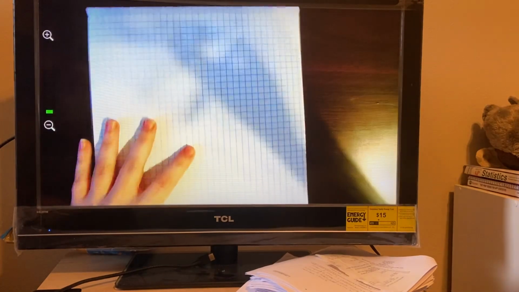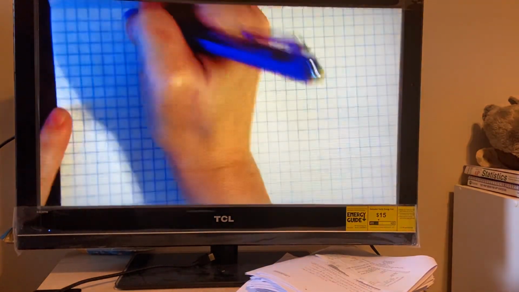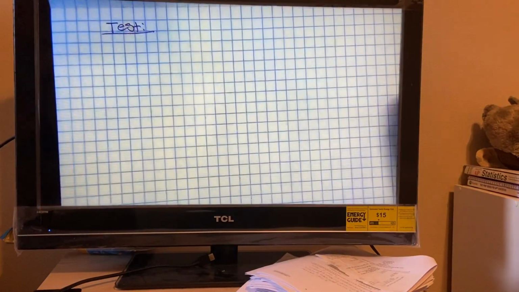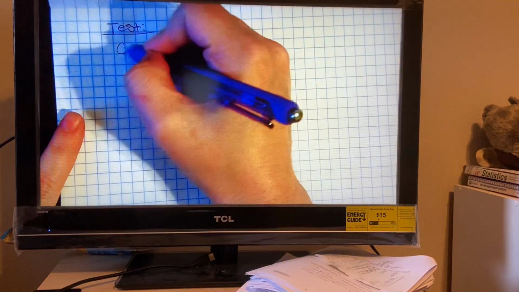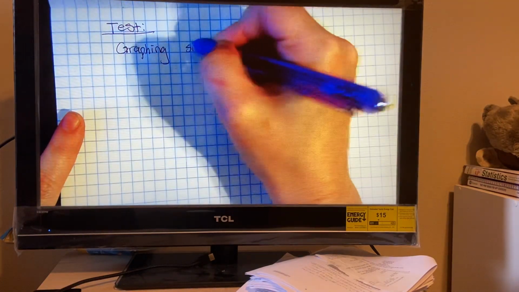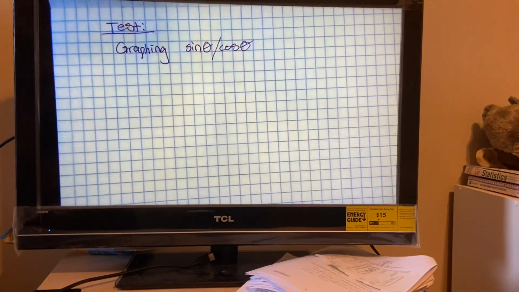So the first thing that we got to do is figure out what we're doing. The only thing I'm going to test you on is the graph for the sine and cosine. And there's only one thing you're going to be allowed to use for this test.